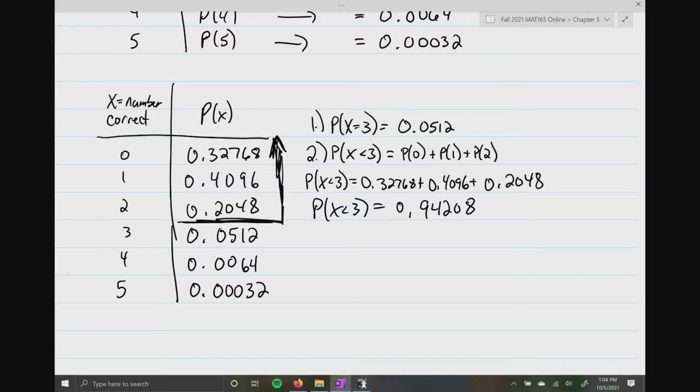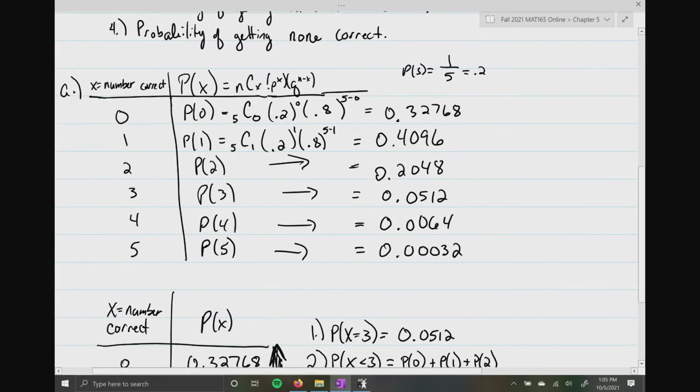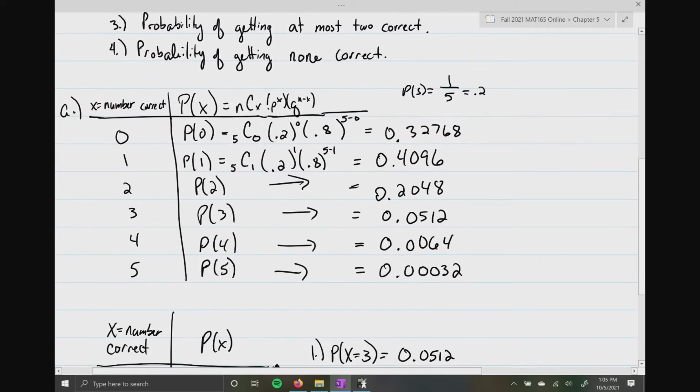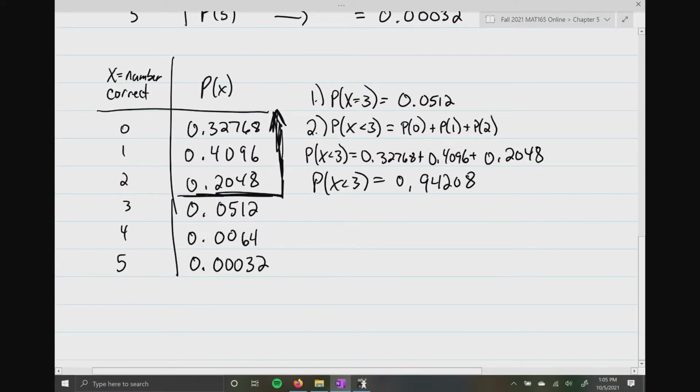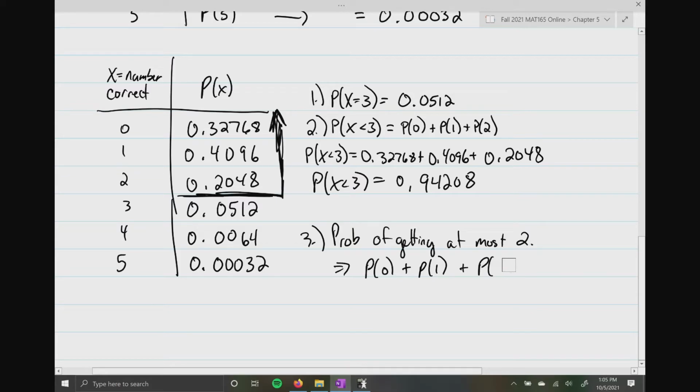what do these words mean? So when it says the probability of getting at most 2 correct. So the probability of getting at most 2. Well, if you think about probability of getting at most 2, then that's going to be equal to the probability of getting 0 plus the probability of getting 1 plus the probability of getting 2.